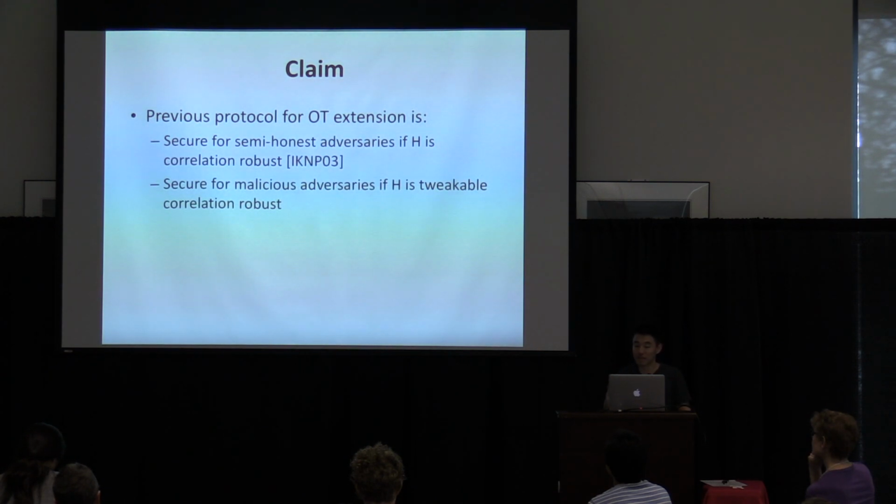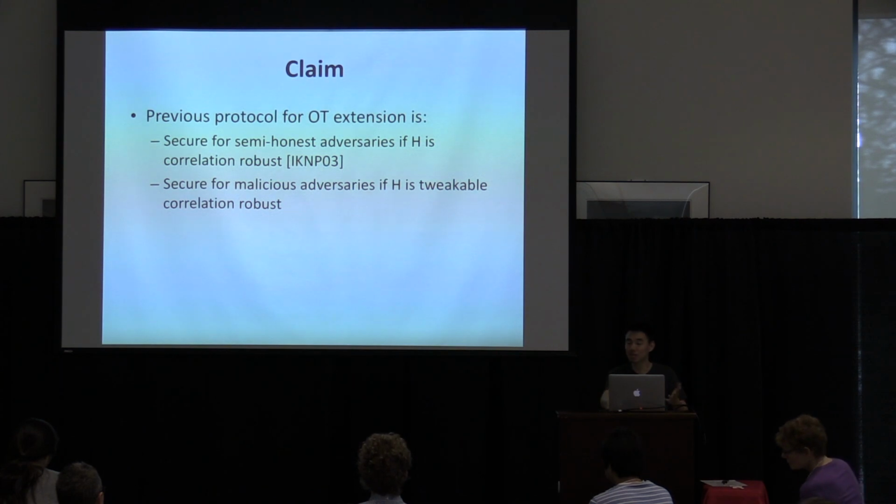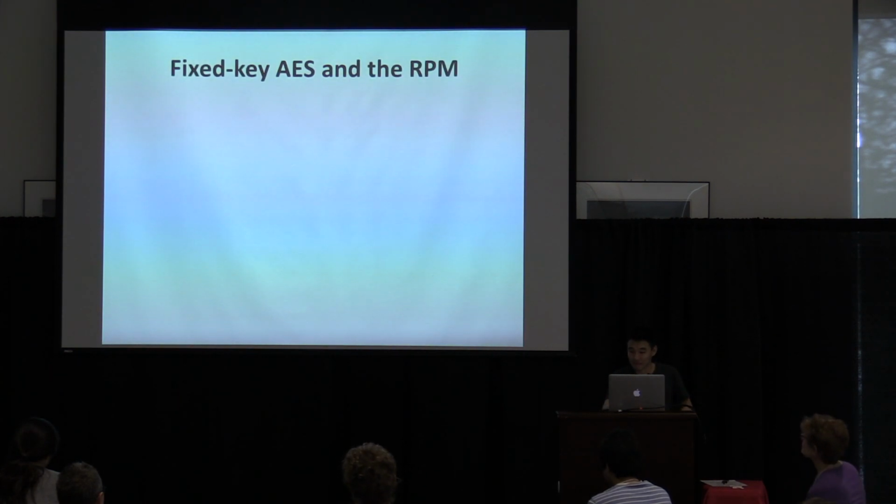So the problem now boils down to how to construct these hash functions efficiently. Of course, at that point we can just assume that, let's say, SHA-256 is a tweakable circular correlation robust hash function, or whatever we want. That's an assumption we can make, of course.